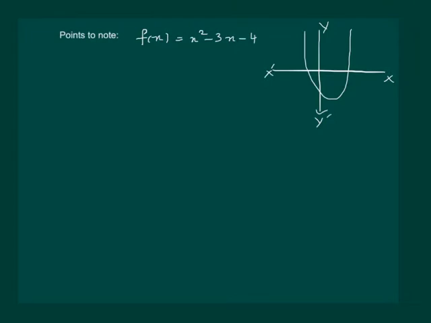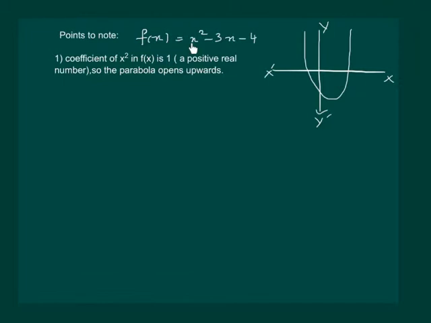We observed that the graph of a quadratic polynomial is a parabola. Also notice that here the graph opens upwards. This is because the coefficient of x square in the given polynomial is positive.